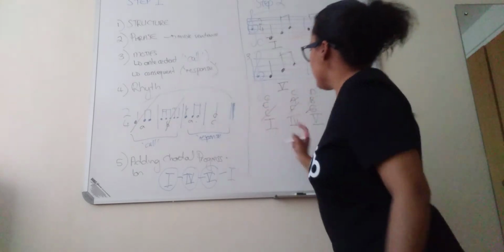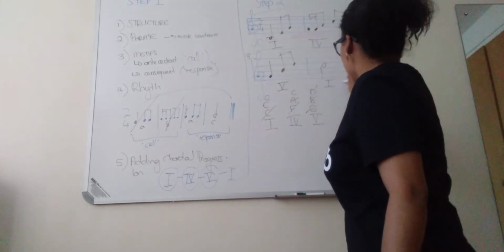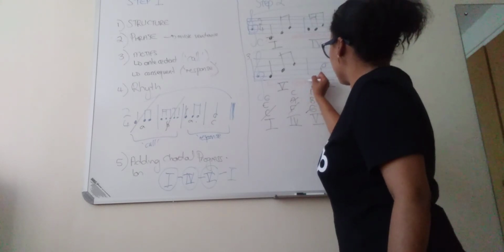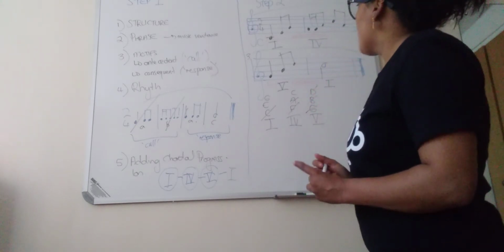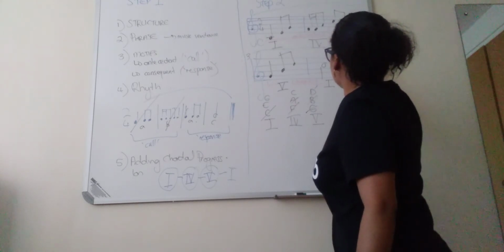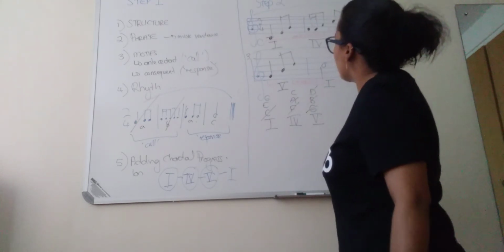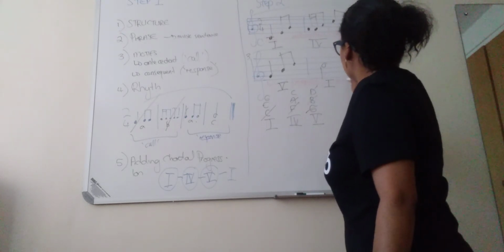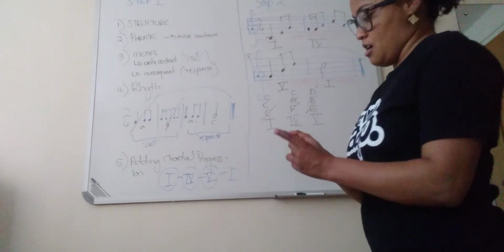And then your bar 3 and bar 4 is your consequent. In other words, we can say the first 2 bars is your call, and your third and 4th bar is your response or your answer.